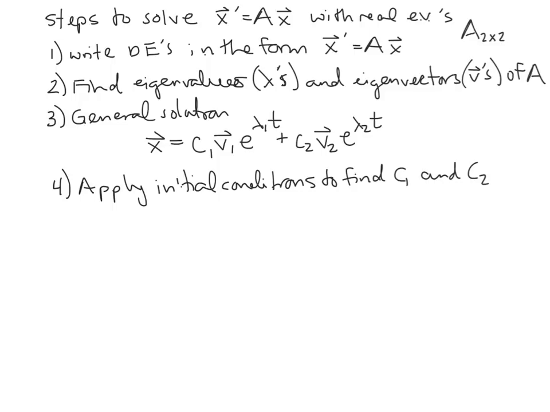And then a lot of times I'm going to ask you to rewrite the solution as one vector. Really, I do this for my own sanity because there are infinitely many eigenvectors, and therefore there are infinitely many corresponding constants that go with them, and tracking that can be very difficult. But if we rewrite it as one vector, no matter what we got for V1, V2, C1, C2, we should all get the exact same answer at the end.